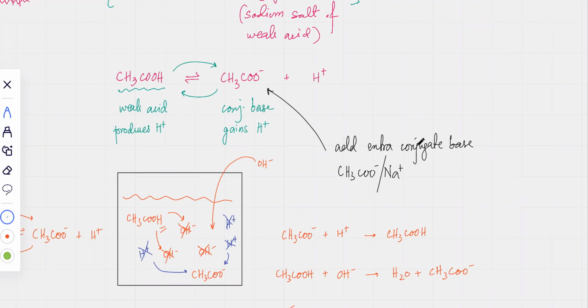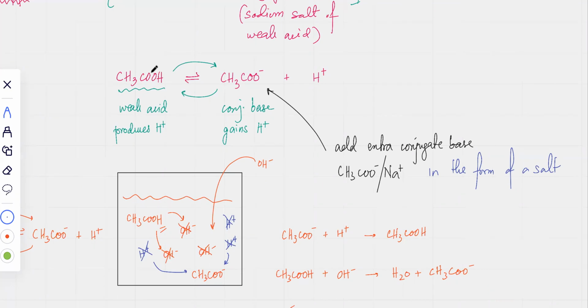Extra conjugate base is always added, usually in the form of a salt. The salt produces this specific ion, so it's a combination of two things.